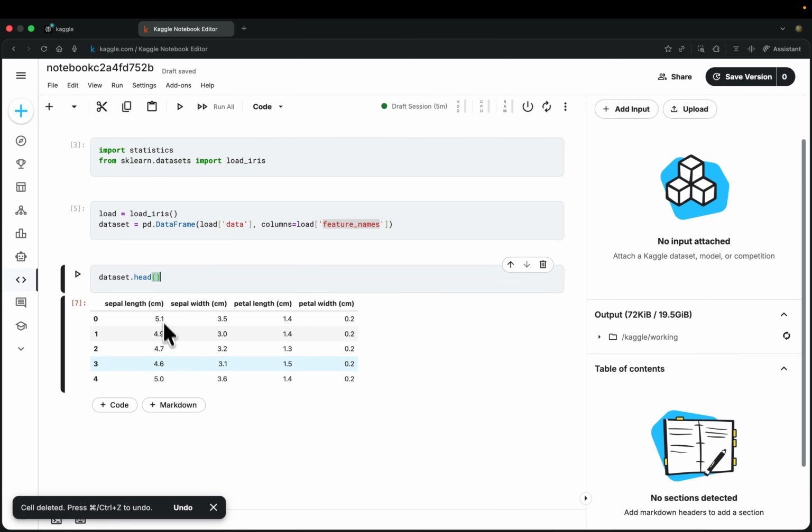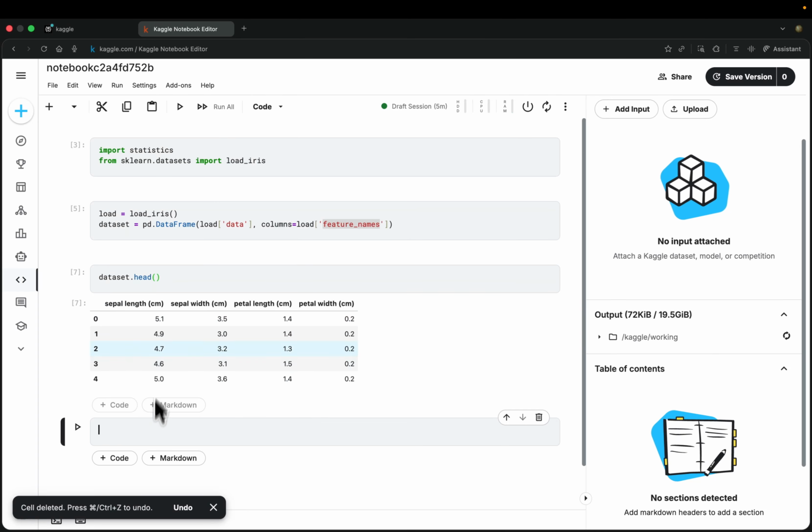Let's imagine a situation where we just want to understand how sample length varies. Is this data varied? Because, for example, you may see that here is 4.9, 4.7. Maybe the next values would be tens of thousands, so let's just see the variance and how the data is spread.